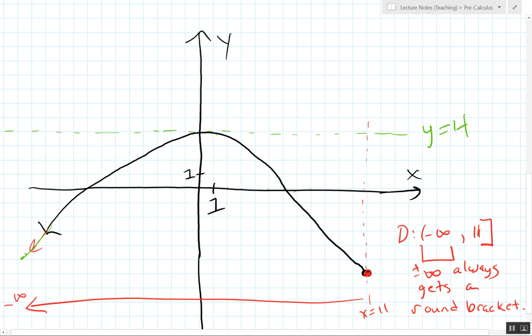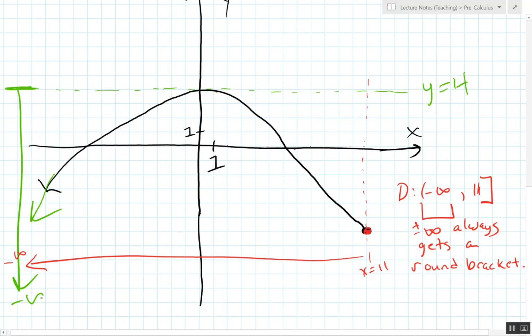This is always going to decrease in the y direction. So while this is the highest point, if we keep going down this way, we're just going to go down towards negative infinity. So we're always going to get more and more negative y values, the more and more negative x gets. So our range in this case is going to be from negative infinity, again getting a round bracket, going all the way to 4.